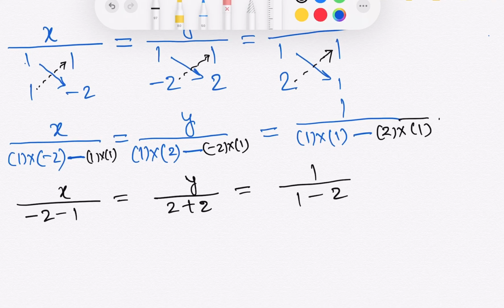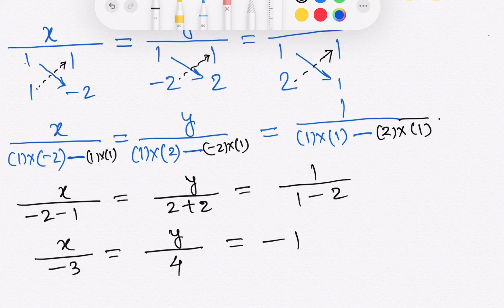So now x divided by minus 2 minus 1, which is minus 3, equals y divided by 2 plus 2, which is 4, and now 1 divided by 1 minus 2, which is also minus 1. So now minus 1.